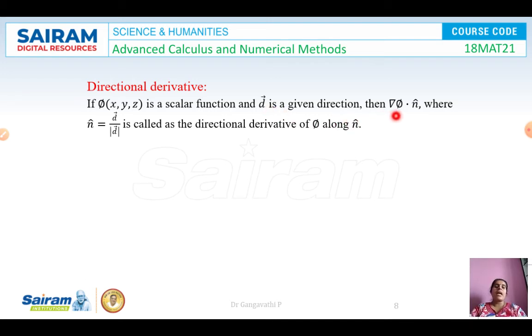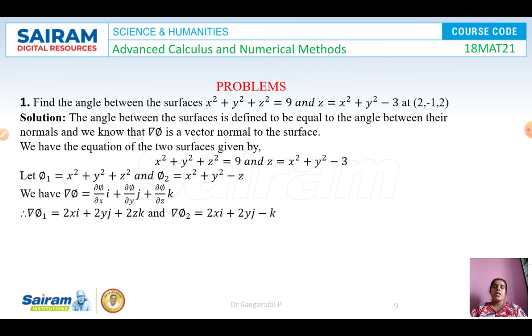Then grad phi dot n cap, where this n cap is vector d by modulus of vector d, is called the directional derivative of phi along n cap. So the directional derivative of phi in the direction of vector d is given by grad phi dot n cap, where n cap is nothing but vector d by modulus of vector d. These are the concepts which you have to remember.